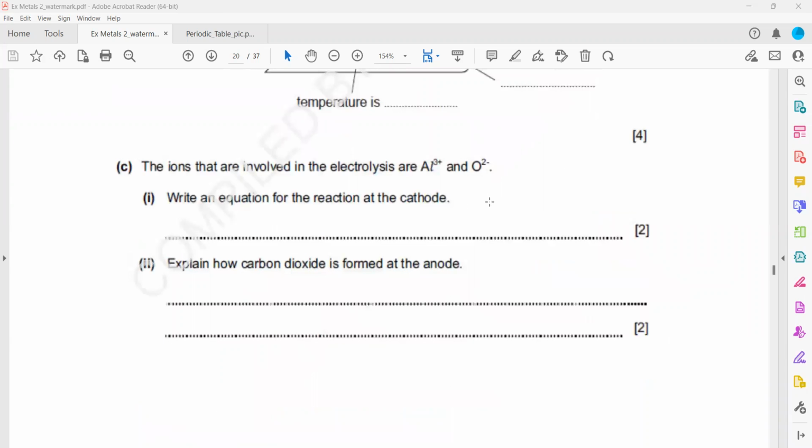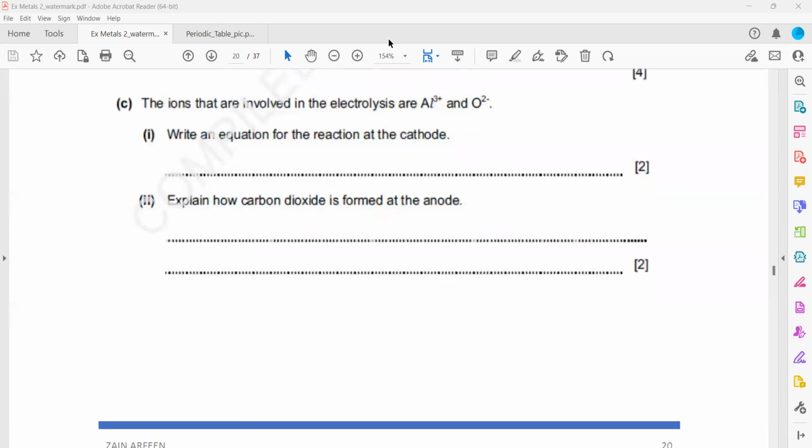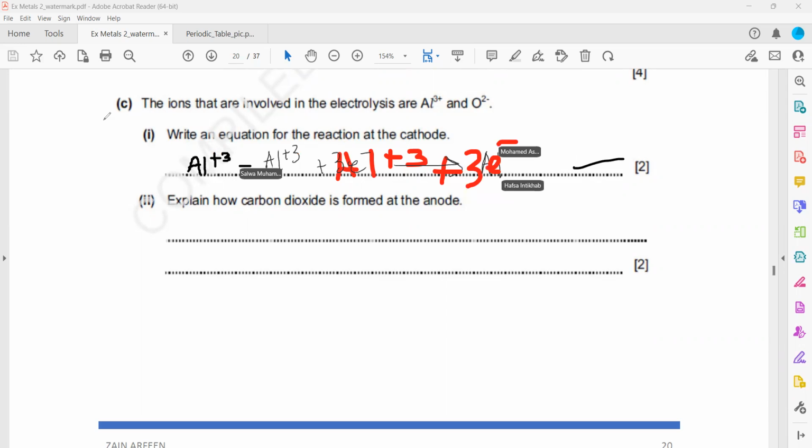Then write the equation for the reaction at the cathode and anode. At the cathode, aluminium ions will move and turn into aluminium metal. Al3+ takes 3 electrons and turns into aluminium metal.